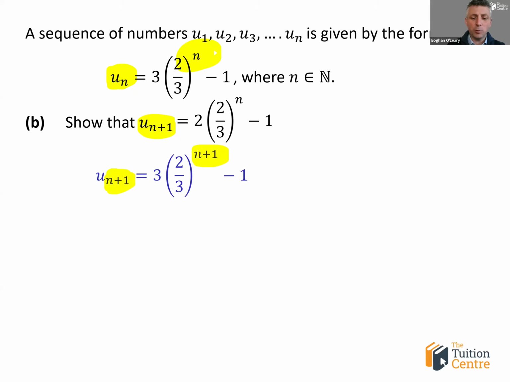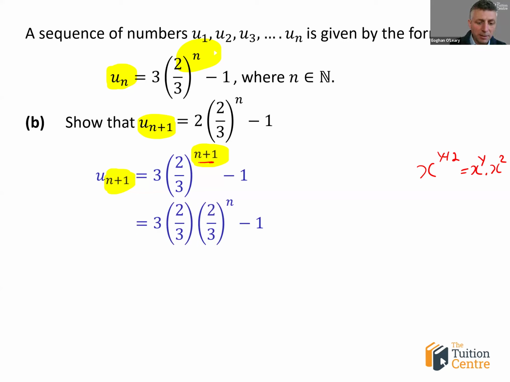Once we do that, then again, we're going to use our laws of indices. And again, we know that if we have x to the power of, I'm just going to say y plus 2, I can say that's x to the power of y times x to the power of 2. So similarly over here, I can split this part up, the n plus 1, so I can say 2/3 to the power of n plus 1 can be written as 2/3 to the power of 1 times 2/3 to the power of n.